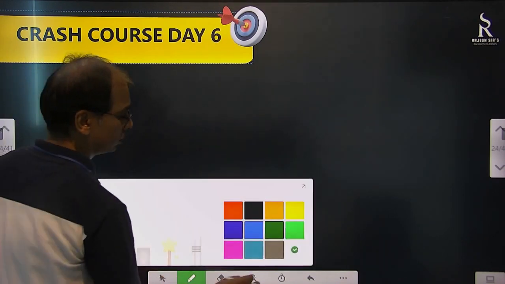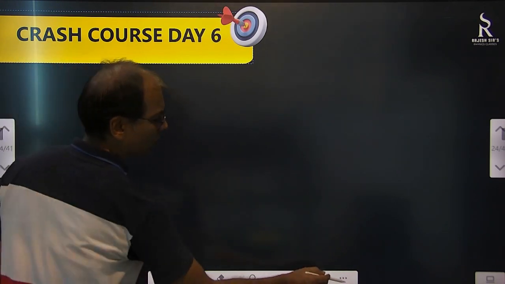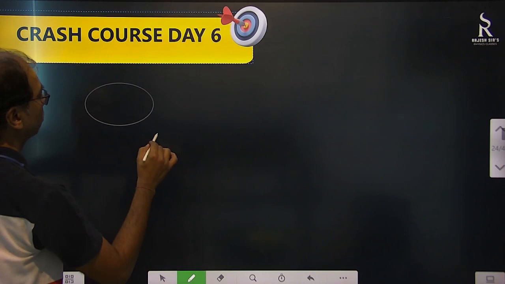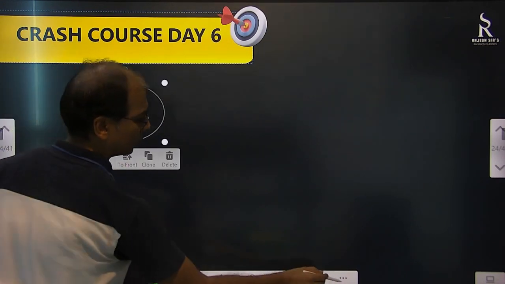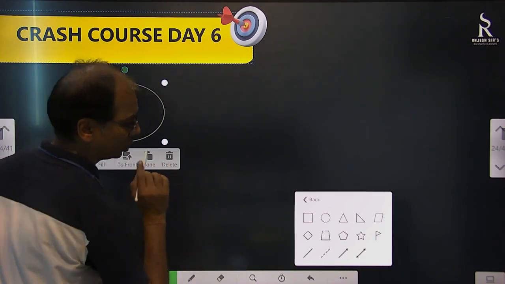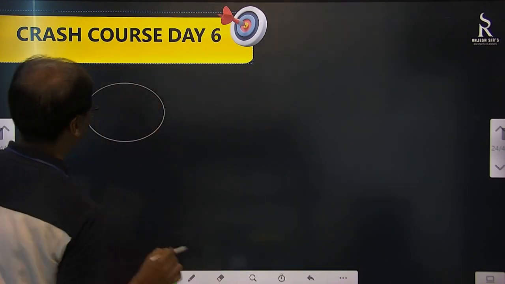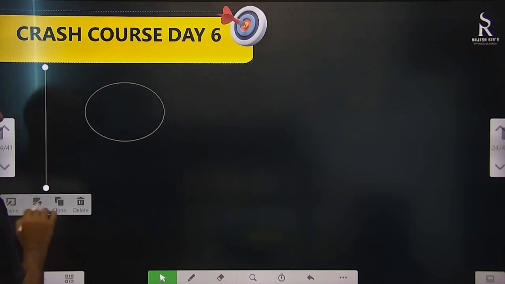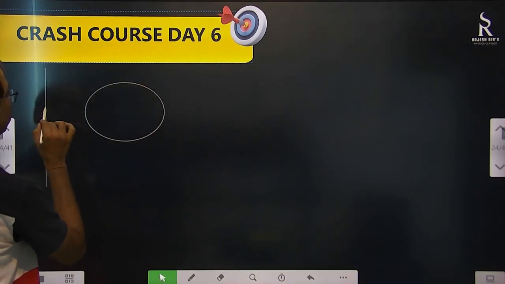Then what can we do? Some questions shall we solve on torque also? Okay, see. Suppose this is a disk here, and this disk we are fixing from the center. It is fixed.